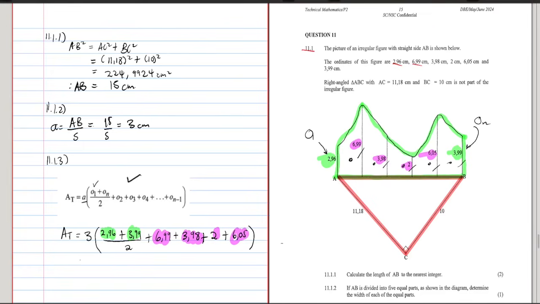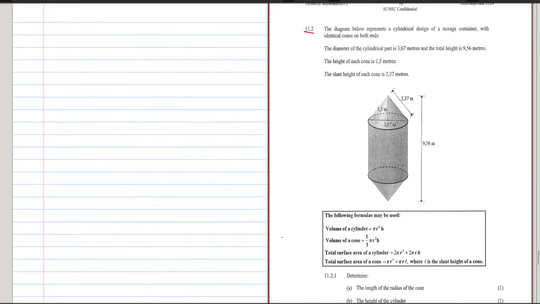Alright, I'm just going to punch this in on the calculator. 3 open bracket, 2.96 plus 3.99 divided by 2 plus 6.99 plus 3.98 plus 2 plus 6.05, close bracket. I'm getting 67.49 centimeters squared. Okay, that was a fun question.